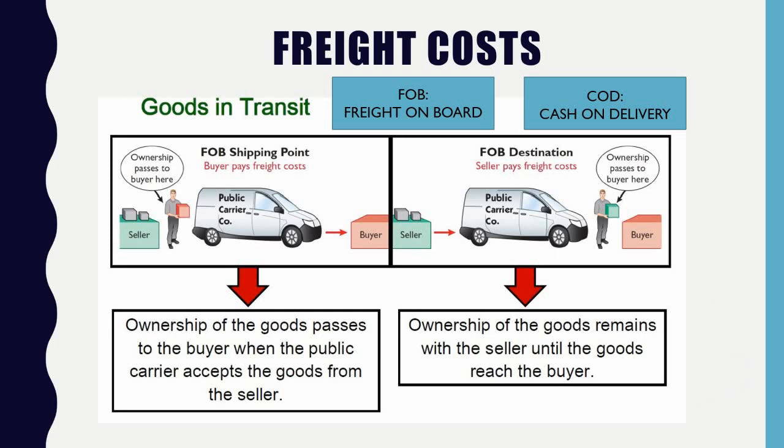Now, from the midway point all the way up to FOB destination, now it is the seller's responsibility to pay for the shipping and they are responsible for anything that happens to those items. So therefore, the midway point to the buyer's store, the seller is responsible for anything that happens there.